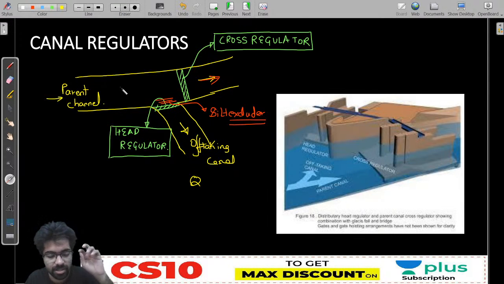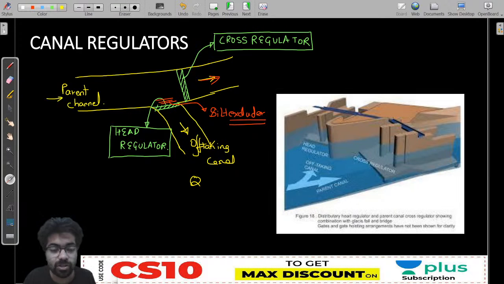And suppose in any case water reduces, your main river starts drying up. If water in your main river decreases, water level falls, then what will we do? You will close the gate of the cross regulator. This is your cross regulator, and you will pond enough water and raise the water level.